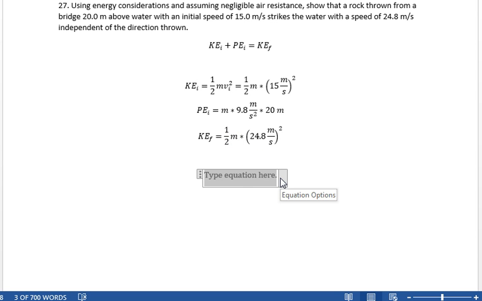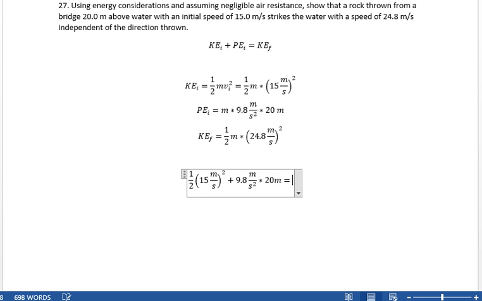Our equation is going to be 1/2 of 15 meters per second squared plus 9.8 meters per second squared times 20 meters equals 1/2 of 24.8 meters per second squared.